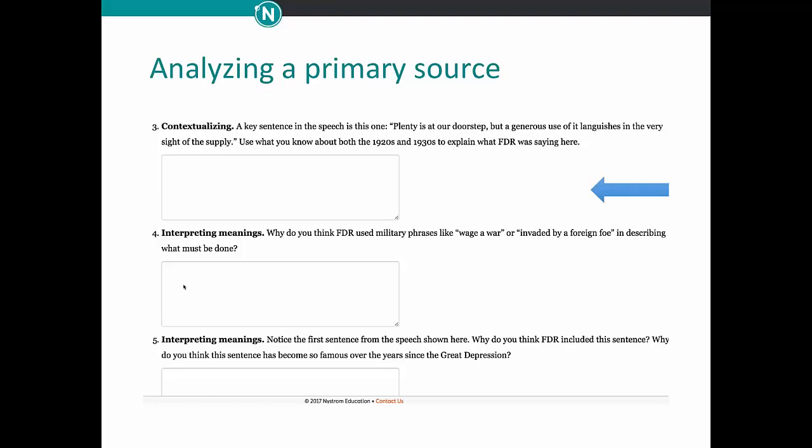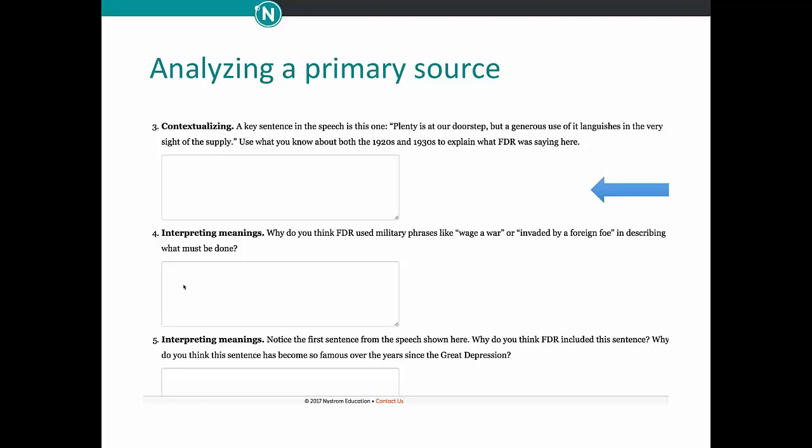But what information do I know about the 1920s and the 1930s? What do I know about the stock market crash? What do I know about what President Hoover tried to do to solve the problems of the Depression? What do I know that can answer this question?